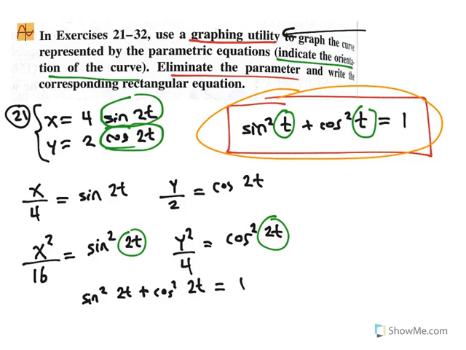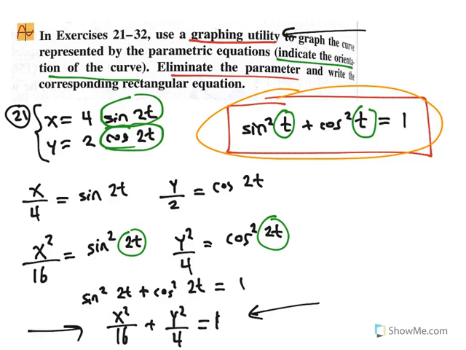So now we can substitute for sine squared 2t. Sine squared 2t is x squared over 16, and we can substitute for cosine squared 2t, it's y squared over 4, and that's equal to 1. So we have successfully eliminated the parameter. We no longer have t, and we have an equation in terms of x and y alone. In other words, we have a rectangular equation.